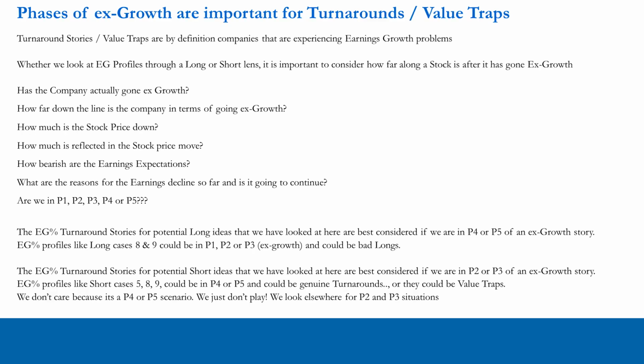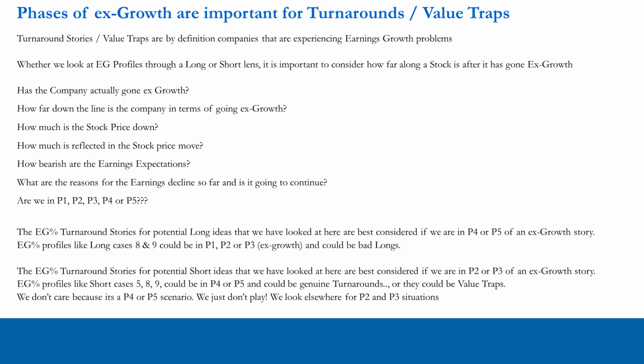So, for long ideas, the earnings growth turnaround stories for potential longs that we've looked at here are best considered if we are in a phase 4 or phase 5 situation of an ex-growth story.